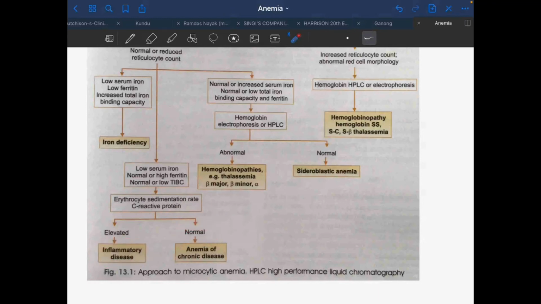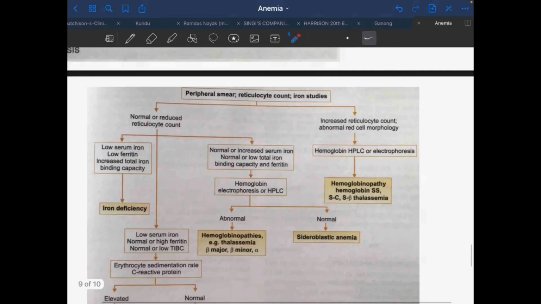If those inflammatory markers are normal, there is no inflammation in the body. But if you have anemia with a normal reticulocyte count, low serum iron levels, normal or elevated total iron binding capacity and ferritin levels, and absent or normal inflammatory markers, then it is anemia of chronic disease. It might be any renal, hepatic, or other disease.